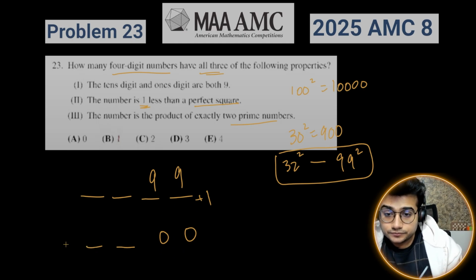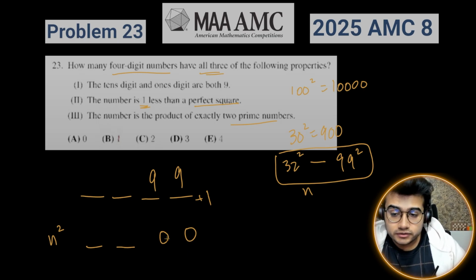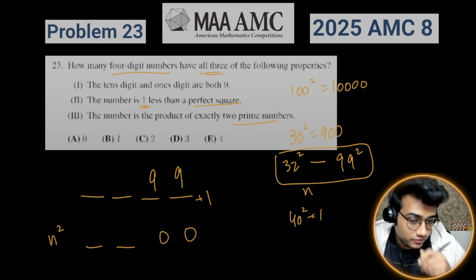That means n squared, whatever that number n is, let's say n is that number. So n squared ends in 2 zeros. Well, when is that possible? When n ends in a 0, right? That is the only way n squared will end in 2 zeros at least. Let's say 40 squared is 1600, and 50 squared is 2500, and so on.